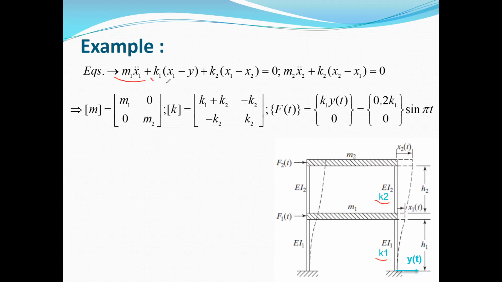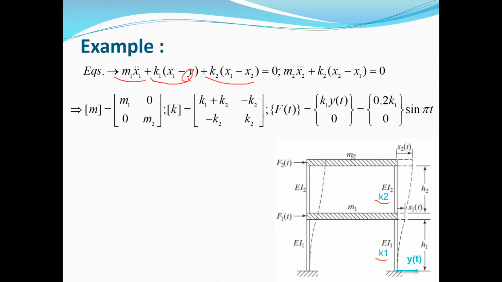We will have a force due to the spring K1 and another force due to the spring K2. The force in the spring K1 is due to the displacement x1 and y, where y is the base motion, and it will appear as the non-homogeneous term in the equation of motion.